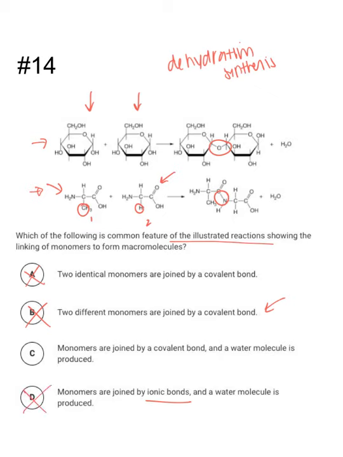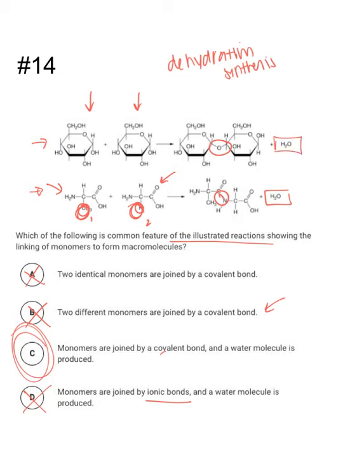So it is not an ionic bond. These R groups, however, can have characteristics that are ionic, but that does not mean that the bond between these amino acids is ionic. So that makes our answer C. Monomers are joined here by a covalent bond and a water molecule is formed.